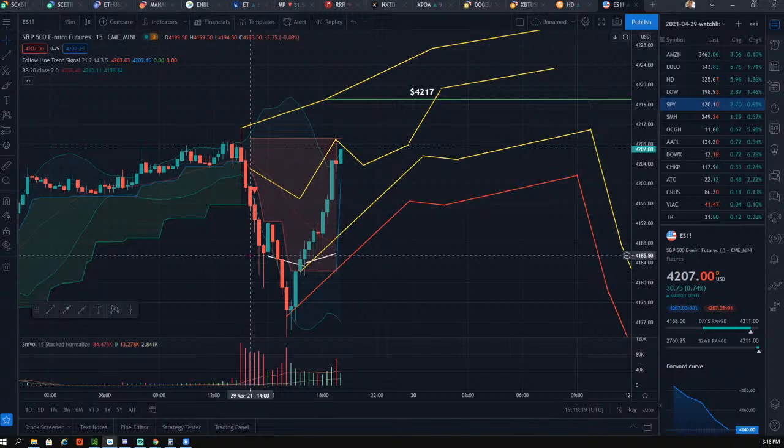But it won't do it unless retail is 100% on the same side. If I got half of retail on one side getting scared and the other half all in, it hits this area, look what happens. They get scared because that's where they got scared in the past.